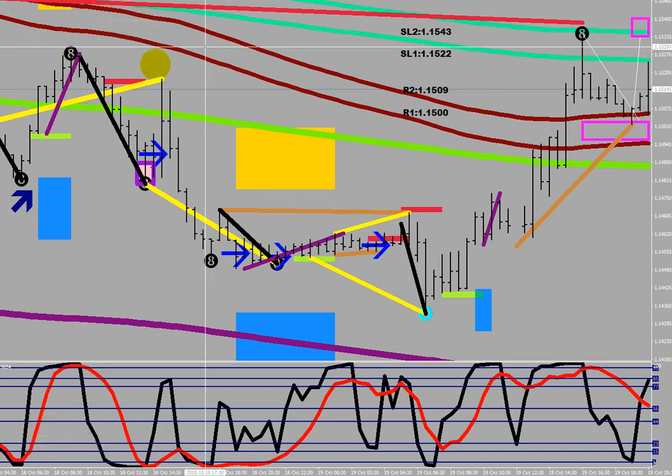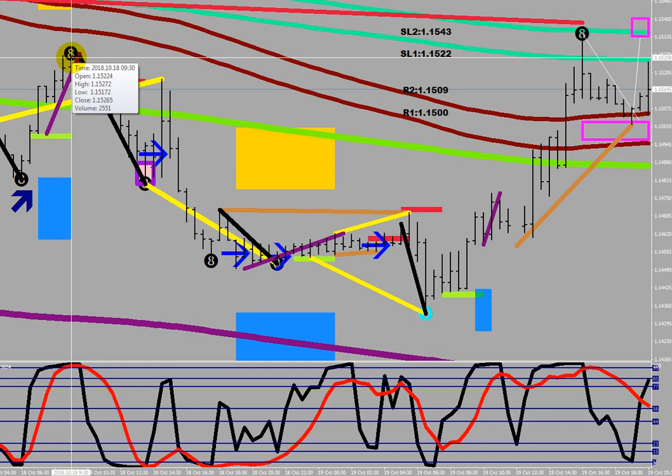Basically, what I'm trying to find here is a high read, both on stochastic and RSI2, and in this case that would actually also be a fractal and an 8 ball.